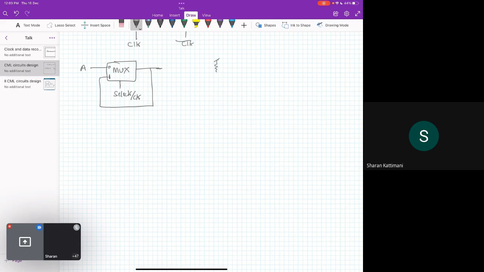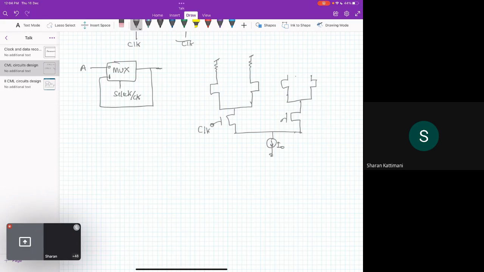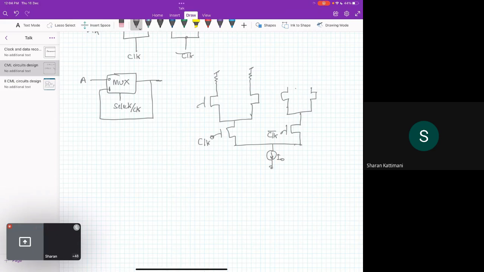So first we implement a mux. So at the bottom, we will apply clock and clock bar. Okay, and now let's assume this is A and A bar.